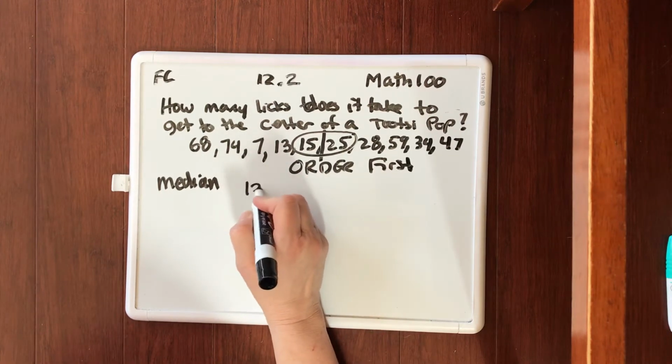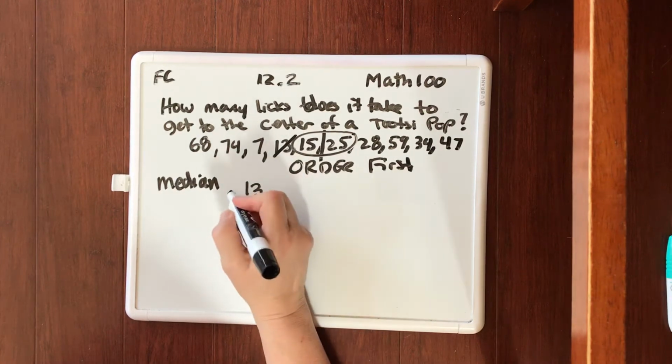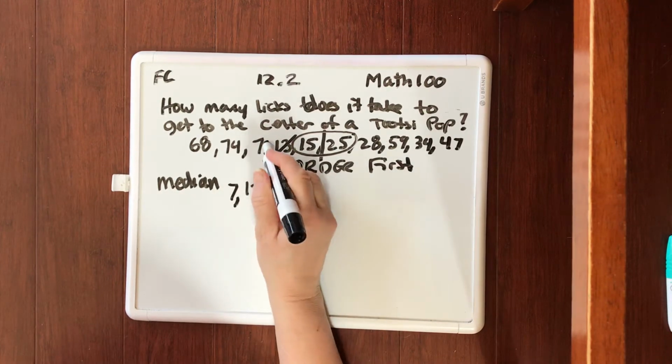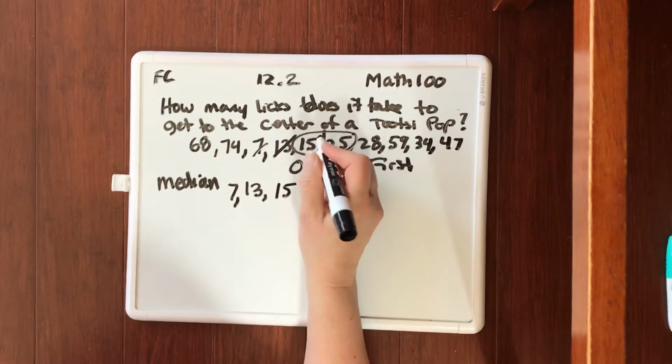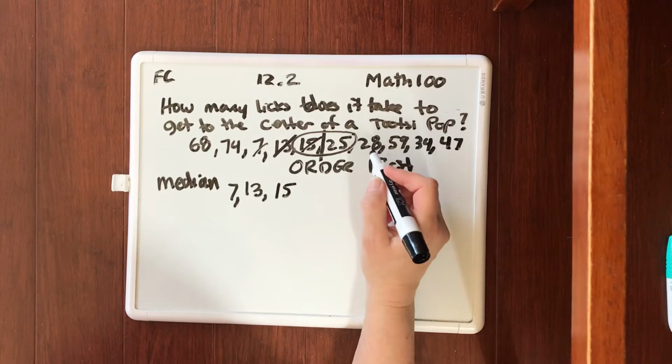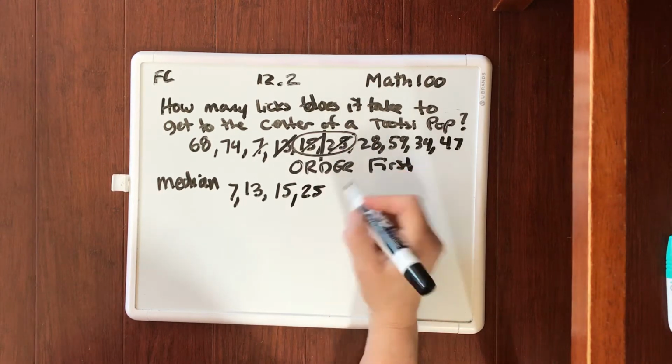13 is the smallest. Okay, I'm going to cross out 13. Oh no, 13 is not the smallest, 7 is. So cross out 7. 7, 13. Then 15. Cross out 15. Looks like 28 or 25. 25 is next. And then 28.